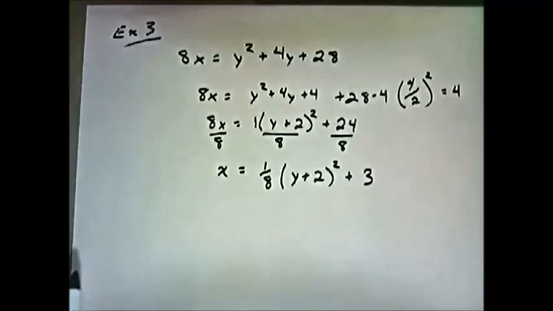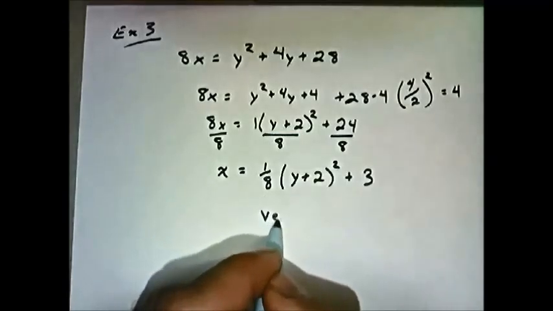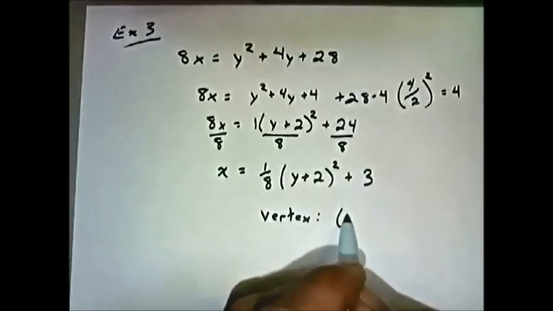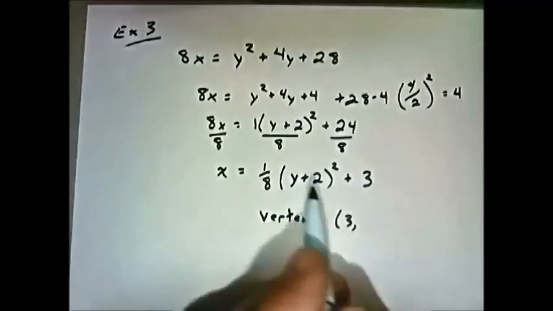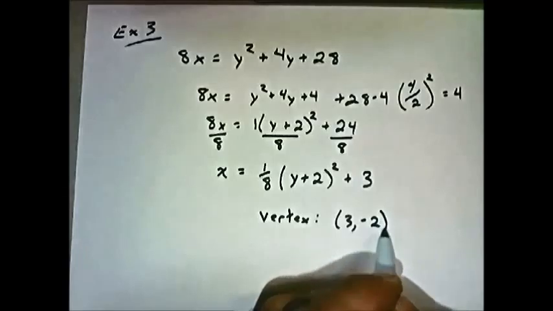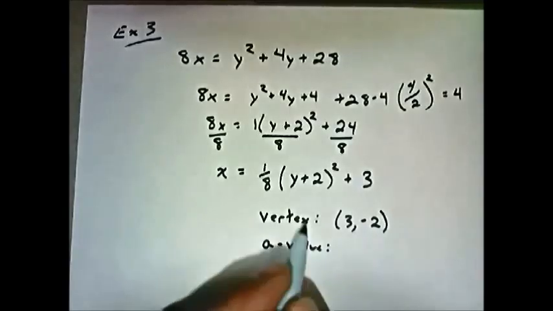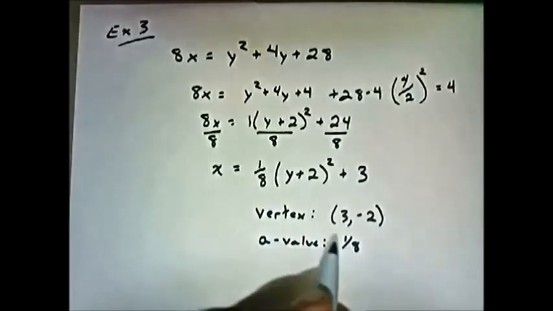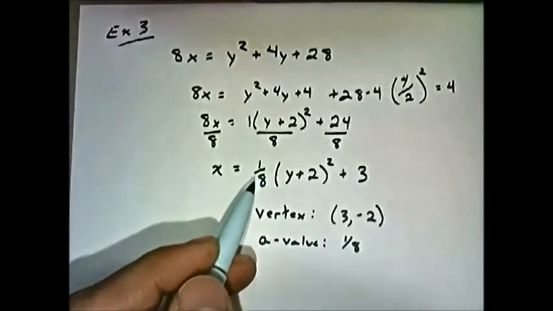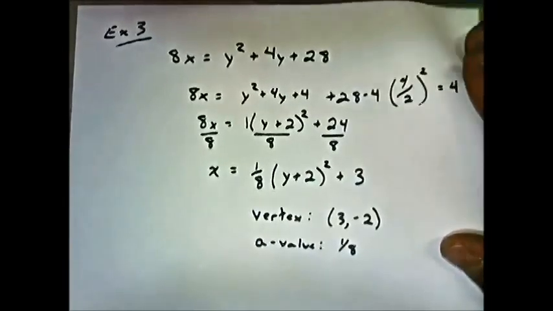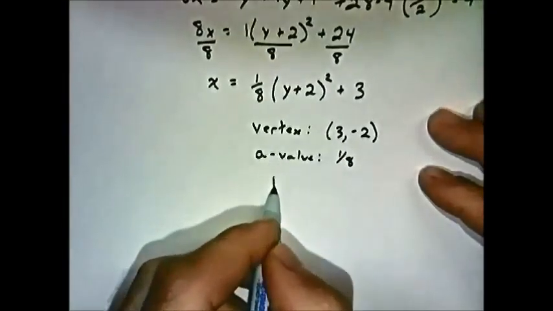So now we're in vertex form. Our vertex is going to be 3, and then the opposite of what's with y, so -2. Our a value is going to be 1/8. Since we have a fractional a value, remember this is going to be a rather wide parabola.